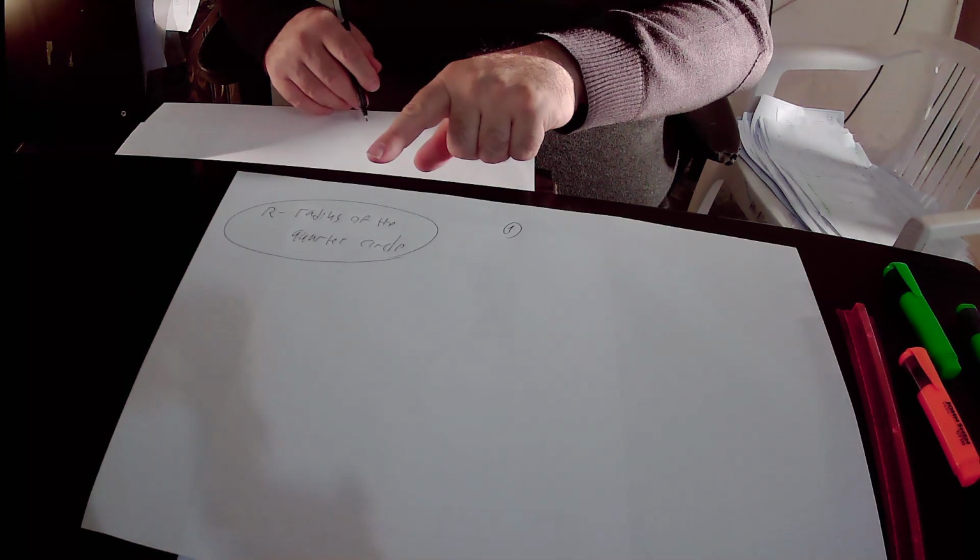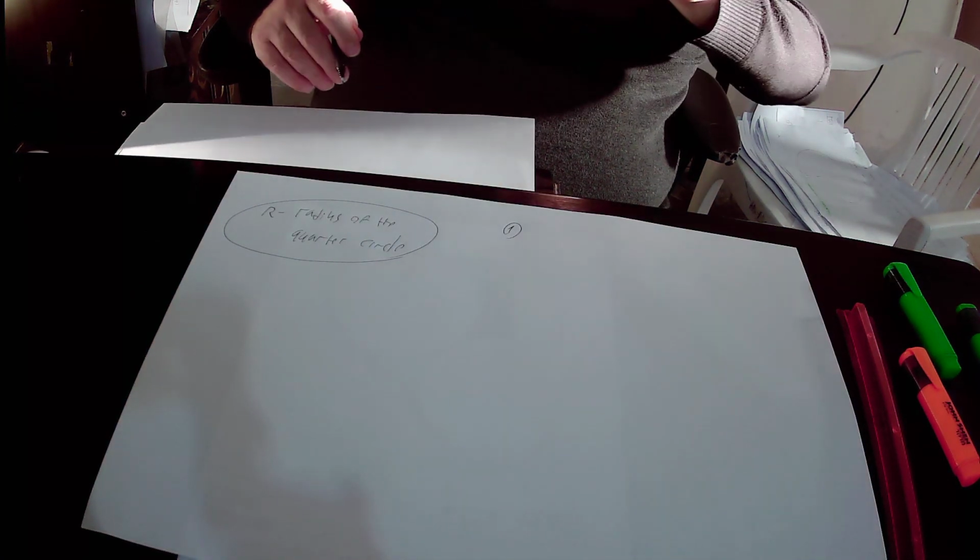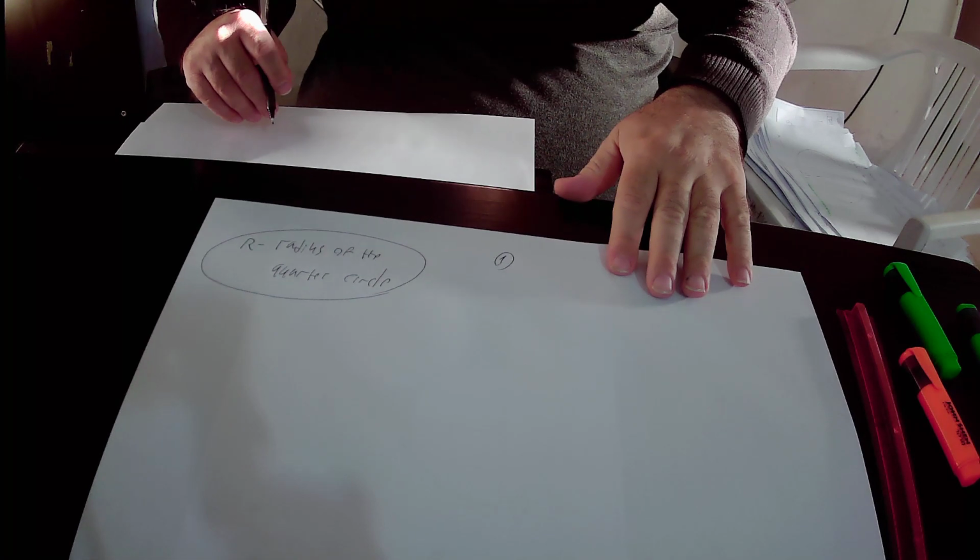I repeat again, capital R is the radius of the quarter circle according to our definition.